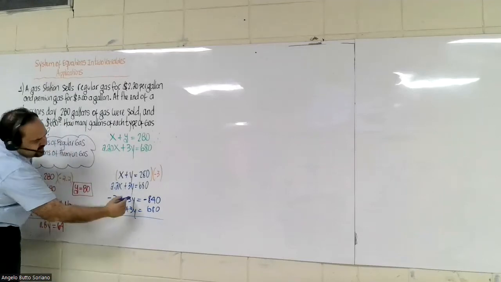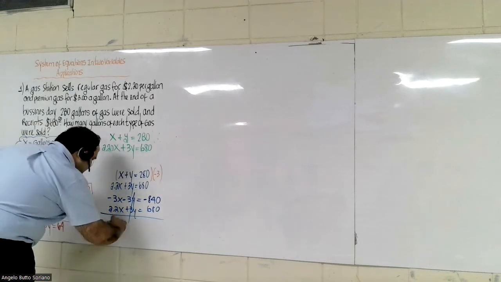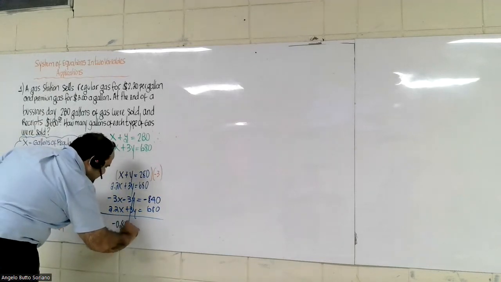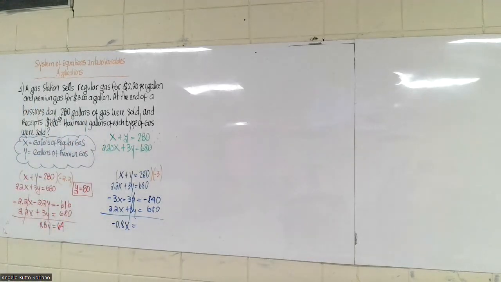Well, we can eliminate y with y, and negative 3 plus 2.2 will be negative 0.8x equals 680 minus 840, negative 160.